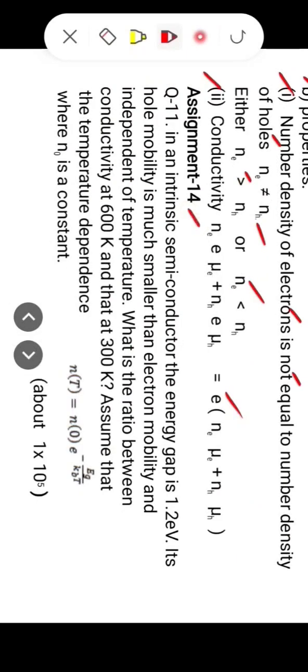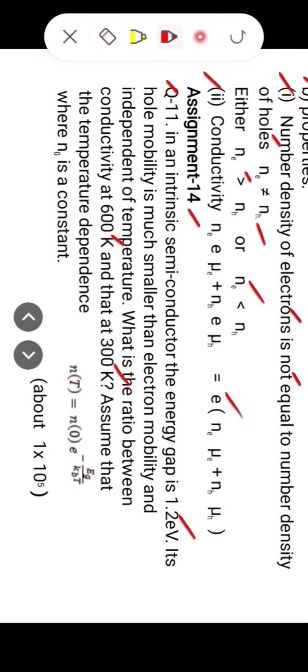Assignment 14 continued. Question number 11. In an intrinsic semiconductor, the energy gap is 1.2 electron volt. Its hole mobility is much smaller than electron mobility and independent of temperature. What is the ratio between conductivity at 600 Kelvin and that at 300 Kelvin?